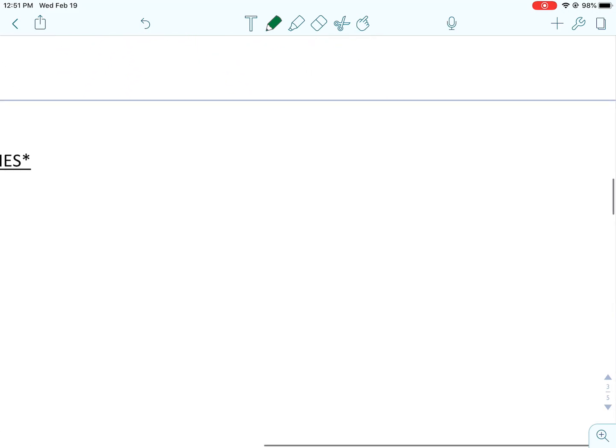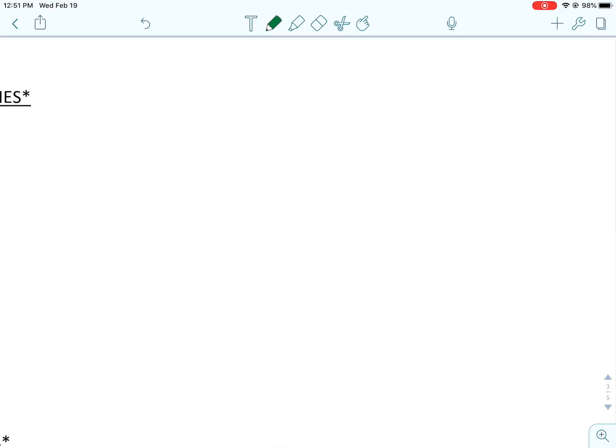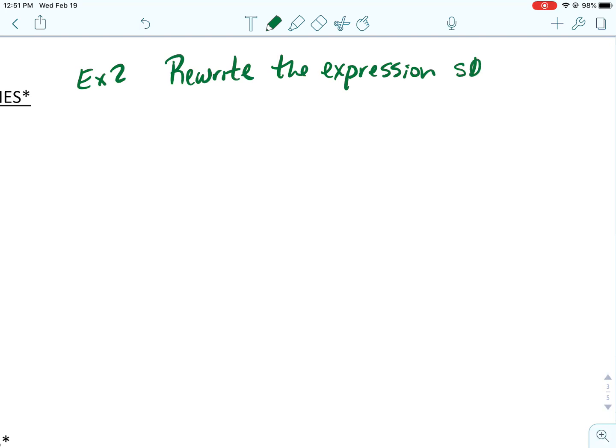Okay, we have one more thing to do, and it's rewriting so we don't have a fraction. So this is example 2. Rewrite the expression so that it is not in fractional form.